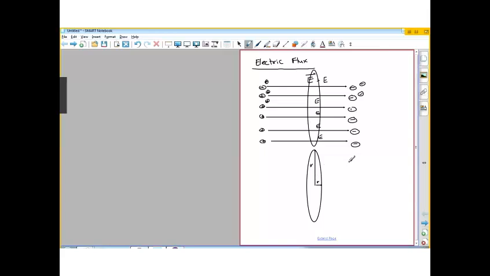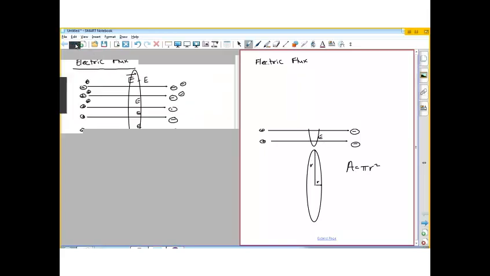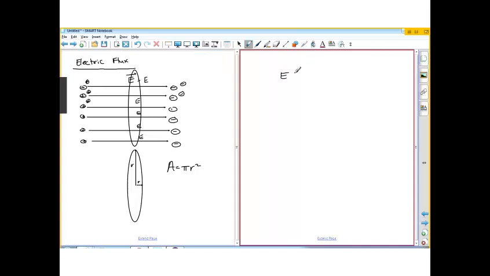Okay, so this hoop has an area, which is equal to pi times the radius squared. That's the area of a circle. And if these lines are perpendicular to this area, then the electric flux, for which we use phi sub E, because there's also magnetic flux, is equal to the product of the magnitude of the electric field times the area.